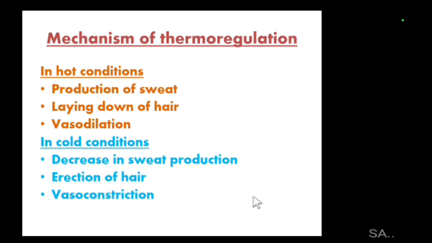So if you look at hot conditions, the temperature is high. So in increased temperature conditions, your body reacts. There is more production of sweat, and this is how the sweat comes on the surface of the skin, and with the heat it evaporates, which gives you a sense of cooling.